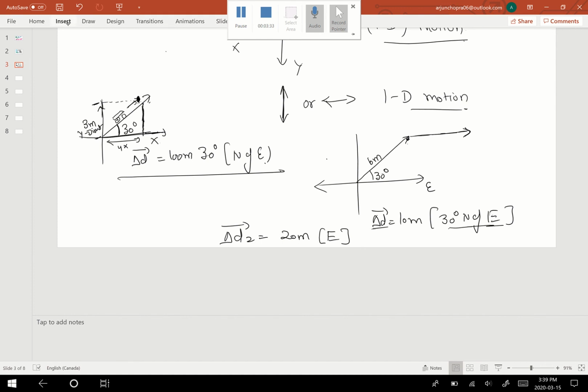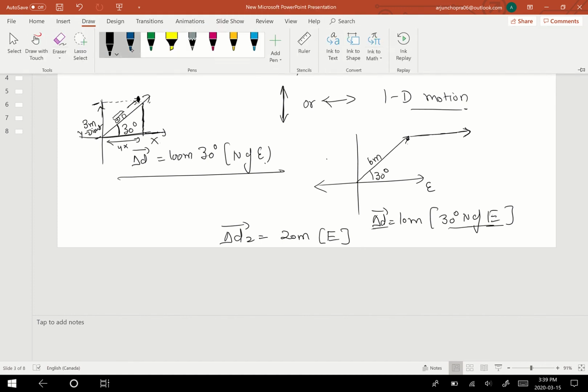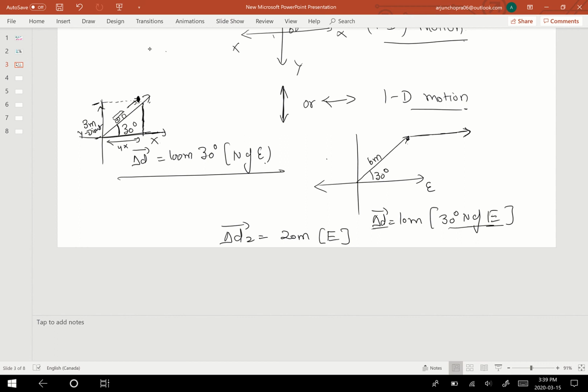I want to find the final displacement of the car with respect to the origin, or with respect to the initial point. So this is what I want to find. What is the length of this vector?